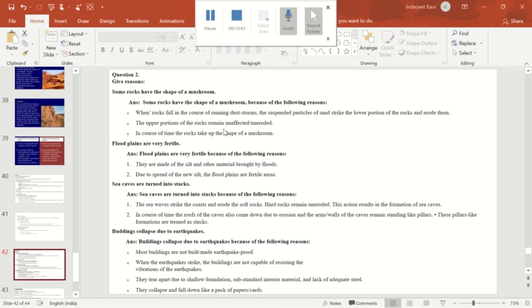The upper portion of the rock remains uneroded, but the lower part is eroded by the dust storms because it comes in the way of the running storm. So, in course of time, after some years, the rocks take up the shape of a mushroom.